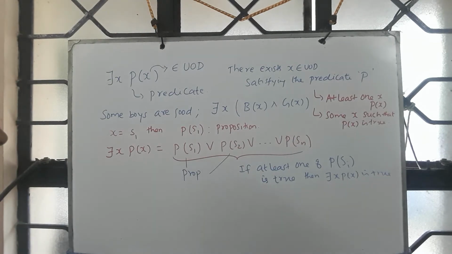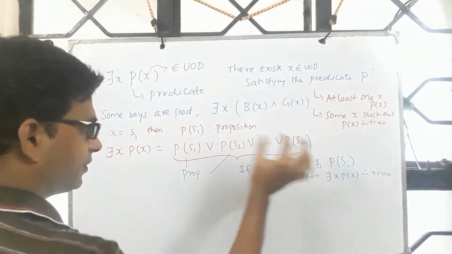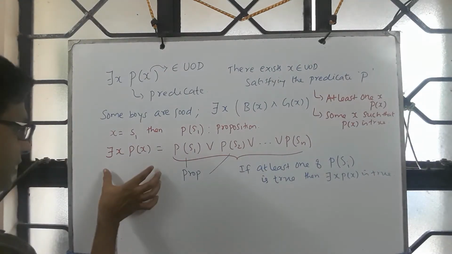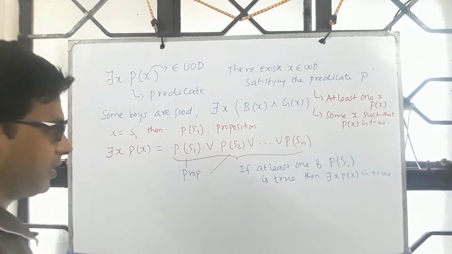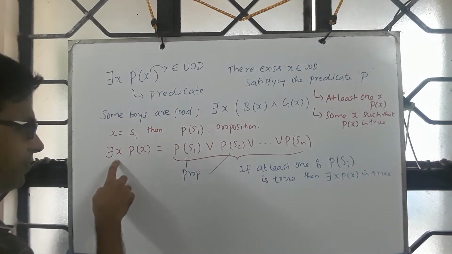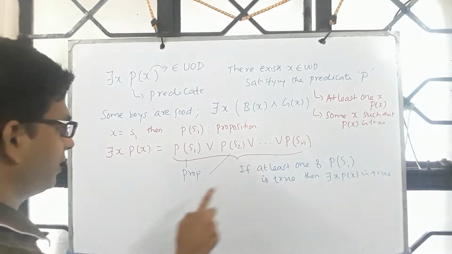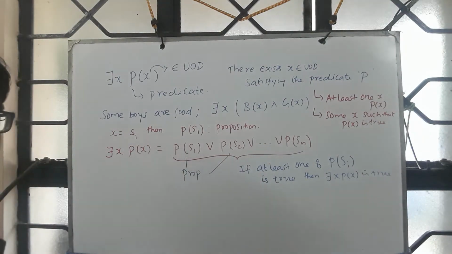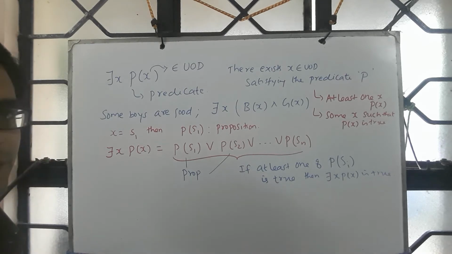So a first order logical statement is precisely a collection of zeroth order logic statements, or a collection of propositions. By instantiating x with respect to specific values, something like s1, s2 and so on, the predicate becomes a proposition, which is why we say ZOL is a special case of FOL.